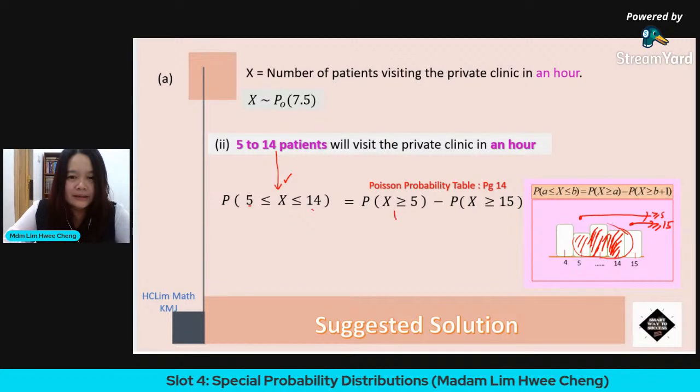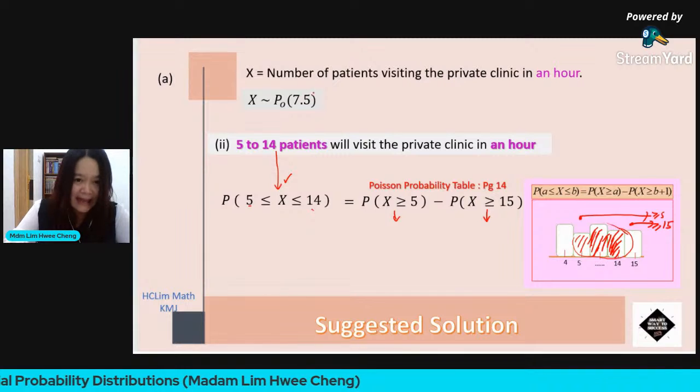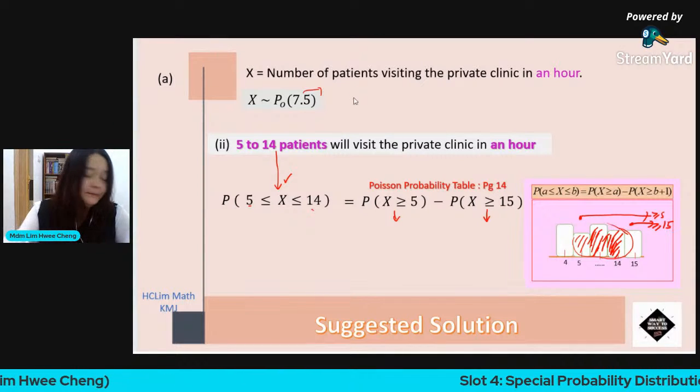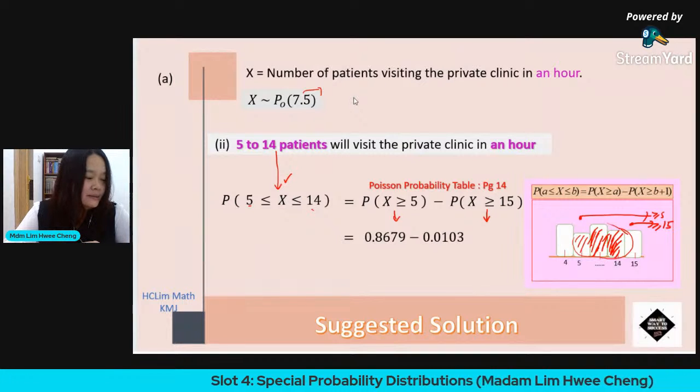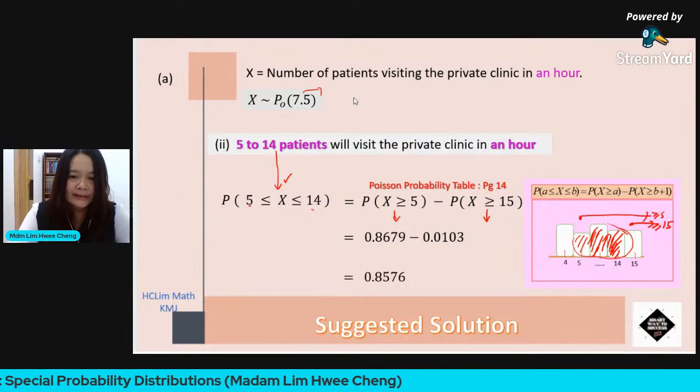So you read from the table. What is this value and what is this value? Make sure that you read the table for lambda 7.5. You will have 0.8679 subtract with 0.0103. So you will get this answer.